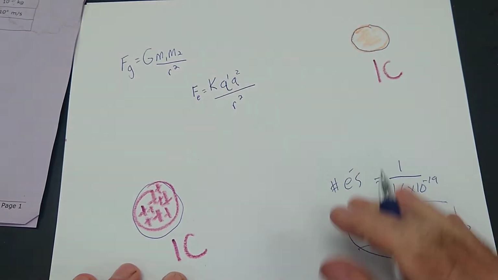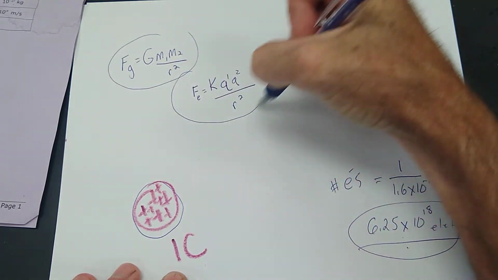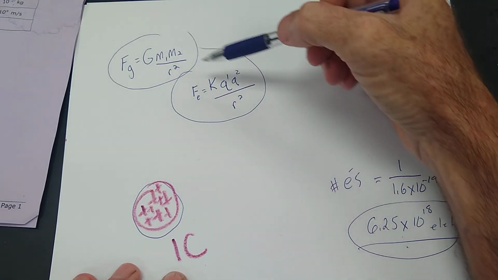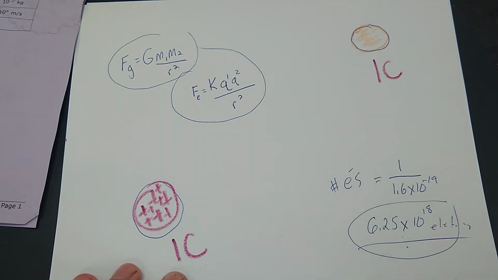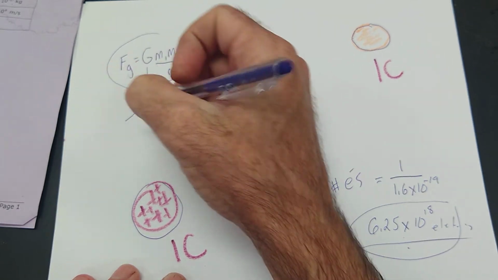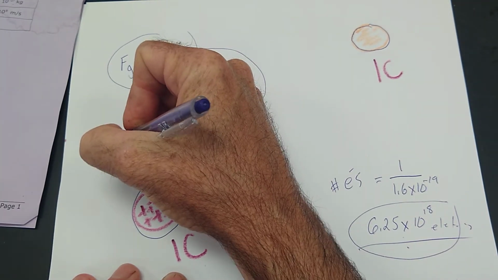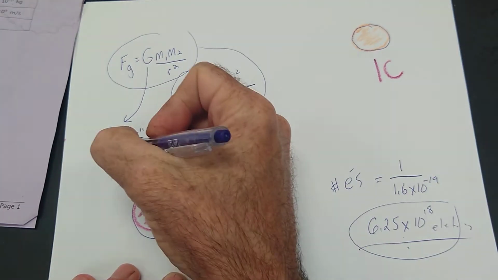The distance between them squared. This is nature. Nature repeats itself. The formula for each of these, for gravity and for electrical attraction, is the same formula. But check this out. Gravity is super, super weak. The G for gravity is 6.67 times 10 to the negative 11th. And it's just a number.